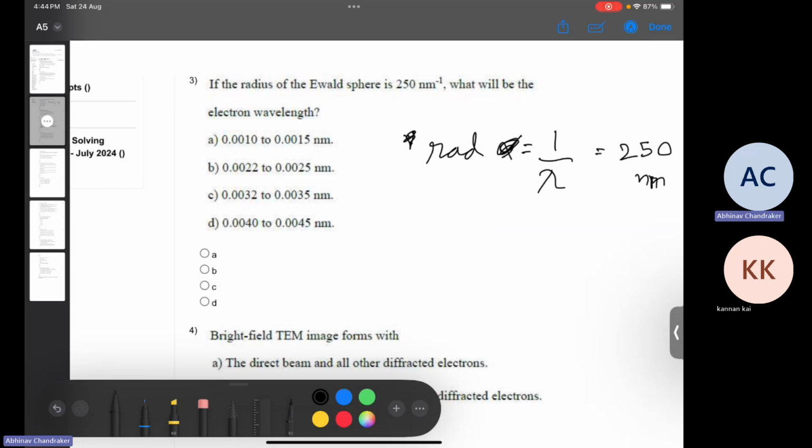So if you take the inverse of this, lambda equals 1 by 250 nanometers, which is equal to 4 by 1000. So the correct answer is 0.004, D.